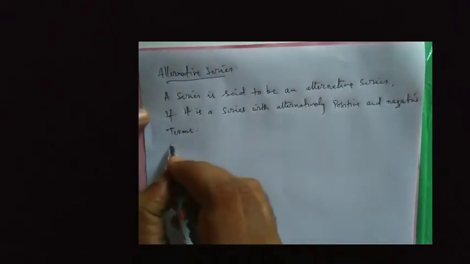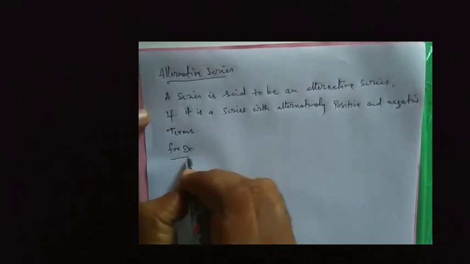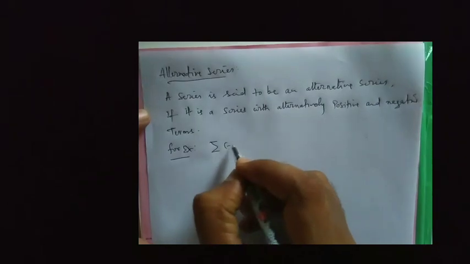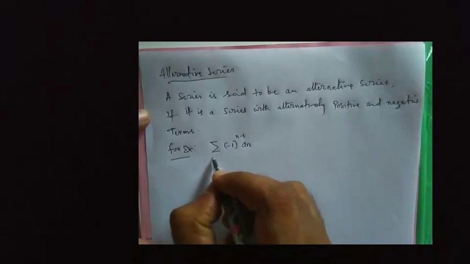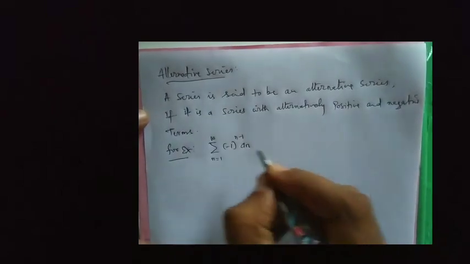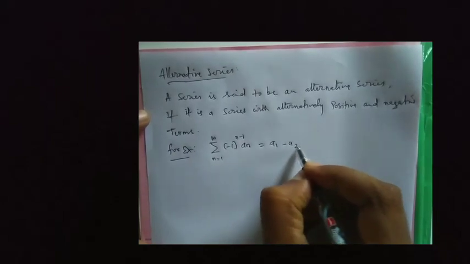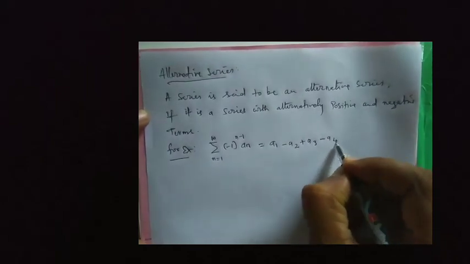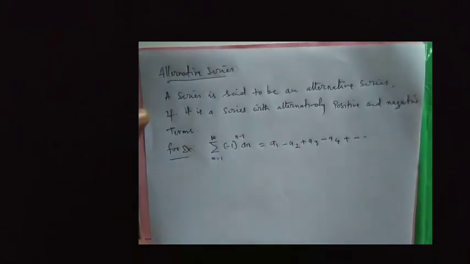For example, the series of the form summation of -1 to the power of n minus 1 an, where n runs from 1 to infinity, will be equal to a1 minus a2 plus a3 minus a4 and so on, plus minus and so on.